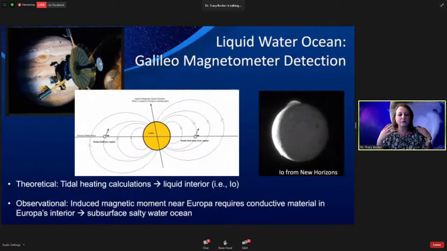It doesn't have to be the core. It's not generating its own magnetic field like the Earth, for example. It's actually just counteracting the magnetic field that's encompassing it from Jupiter. So this is the evidence that we see this subsurface salty water ocean.